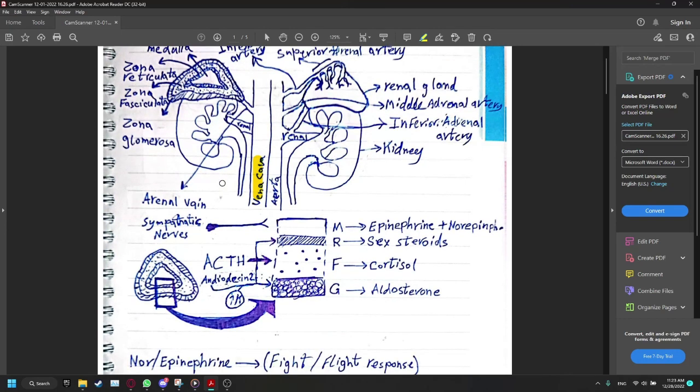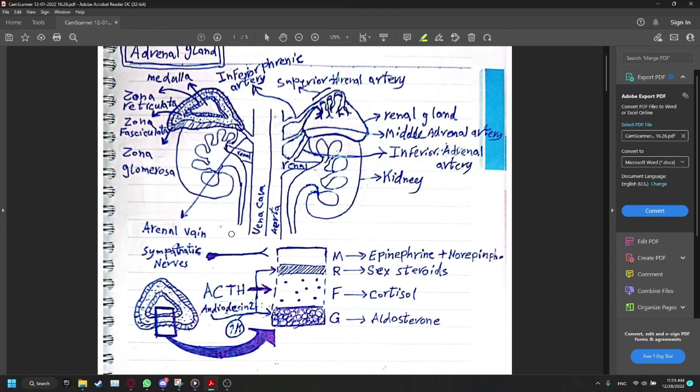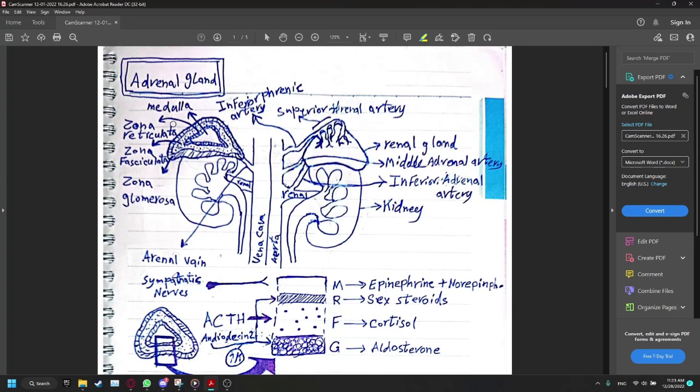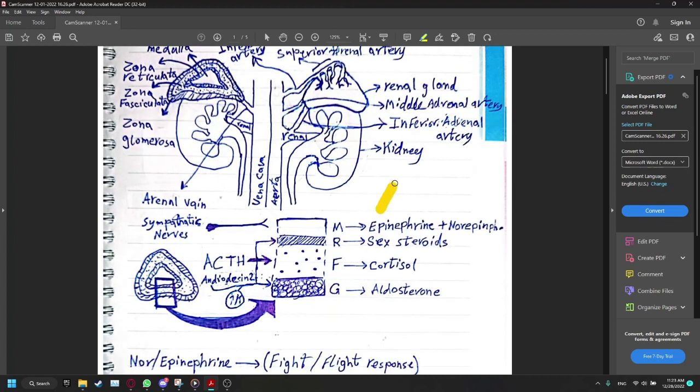And so about the physiology and also the histology of the adrenal gland. Let's say we cut the adrenal gland in half and look at a cross section. The adrenal gland is something like this.